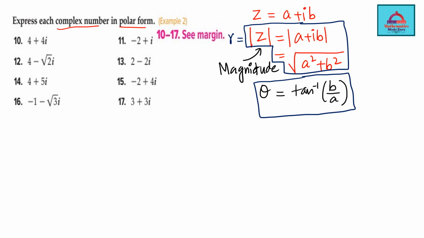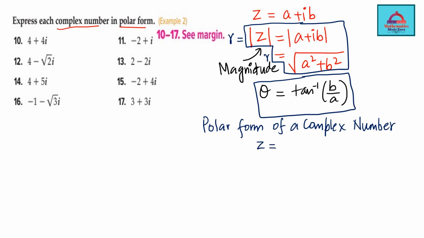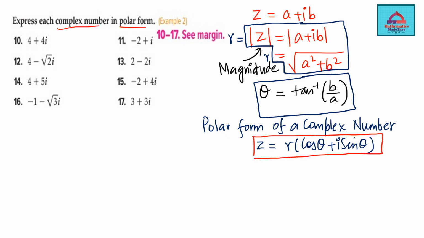Once you have got your value of r and your value of the angle, you can write the polar form of a complex number. So the polar form of the complex number z is equal to r times cos theta plus i sin theta. This is the main formula that will be used for solving the questions.